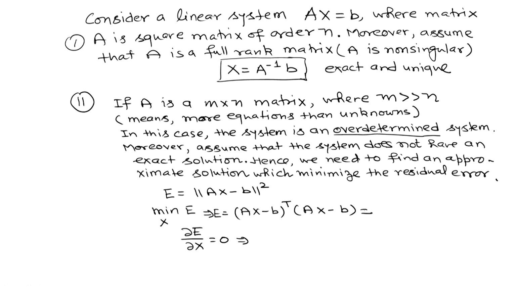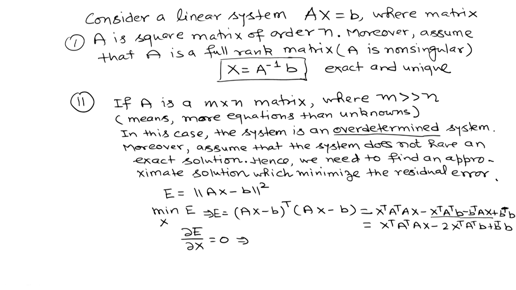Basically this E can be written as x transpose A transpose A x minus x transpose A transpose b minus b transpose A x plus b transpose b, and this equals x transpose A transpose A x minus 2 x transpose A transpose b plus b transpose b, because these two terms are the same.